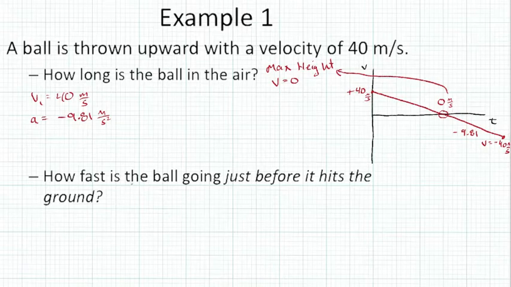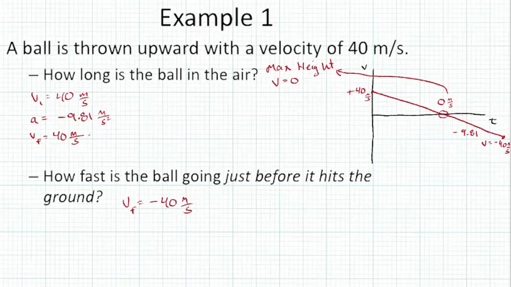So we're going to write that down here. Our final velocity equals negative 40 meters per second. It's the same magnitude, just a different direction because it's coming back down. So we're going to put this back up here at the top.